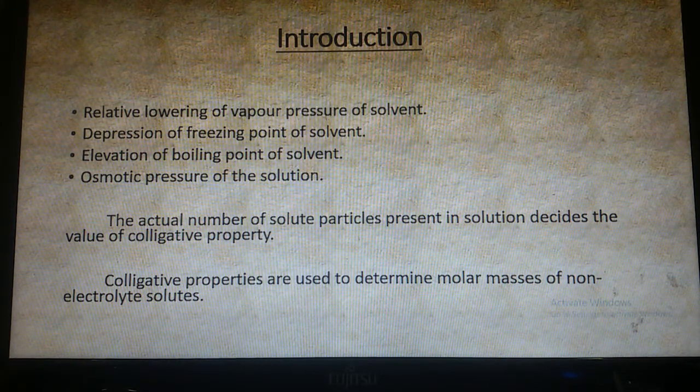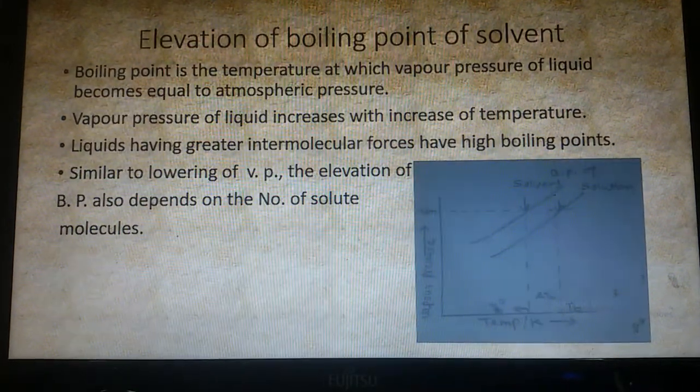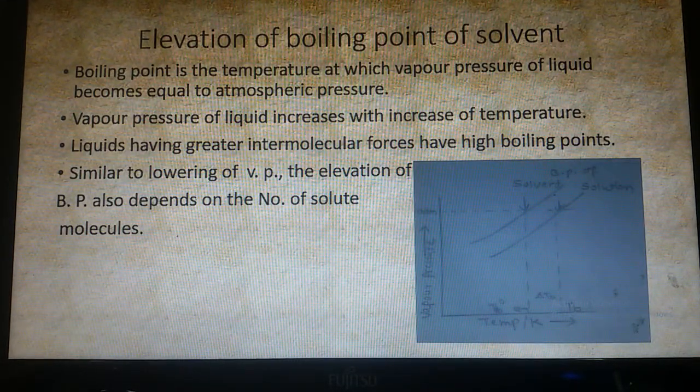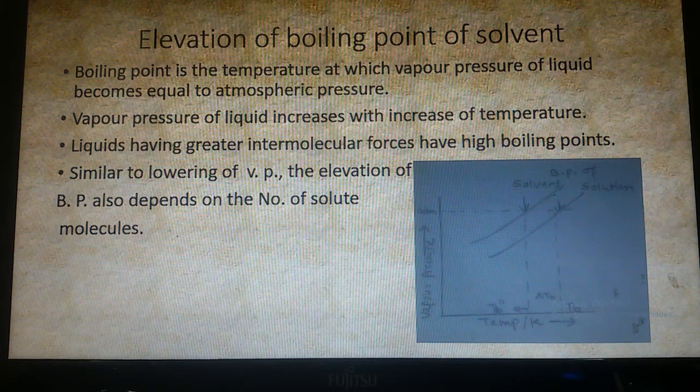The number of particles of solute does not change on dissolving in the solvent. Colligative properties are used to determine molar masses of non-electrolyte solids.